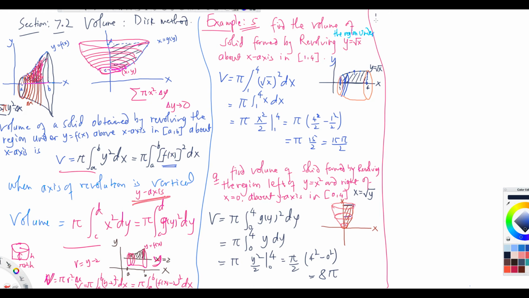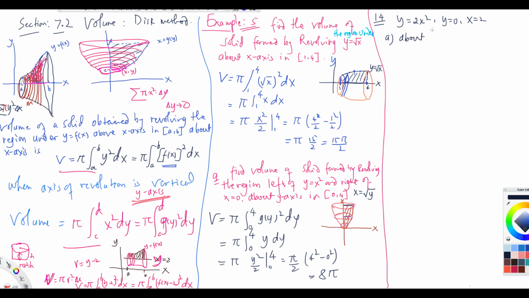It says: find the volume of the solid generated by revolving the region bounded by the graphs of the equations y equals 2x squared, y equals 0, and x equals 2. Part a is about the y-axis.